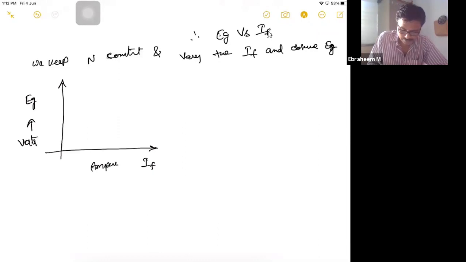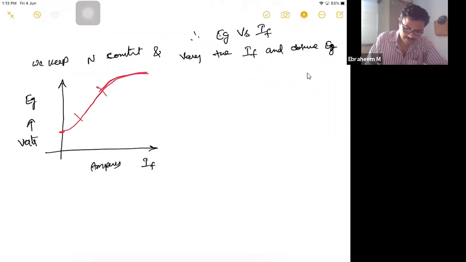If in amperes. Okay. So the open circuit characteristic for self-excited machines won't start at zero, unlike your separately excited machines. It won't start at zero. It is initially linear, then it becomes flat, like this.